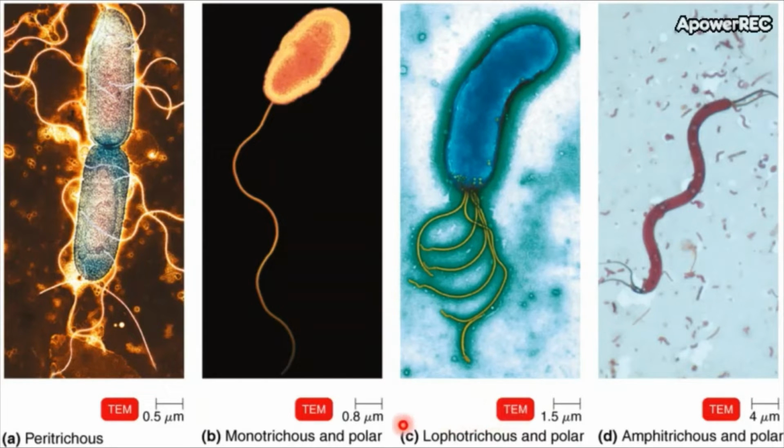So, lophotrichous is a tuft flagellum in one spot. Amphitrichous means that it's on two different spots. So, in this example, we have a tuft here and a tuft here. This one is also lophotrichous and polar, because it's at a polar region, and in D we have amphitrichous and polar because it's at both polar regions.